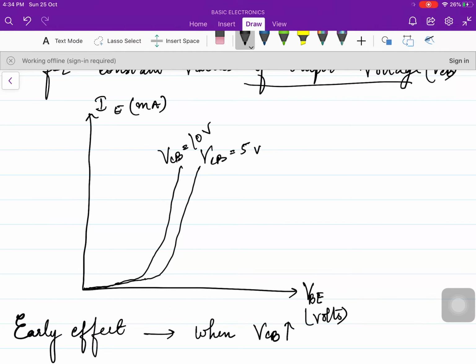So this is how we discuss or explain the input characteristics of common base configuration.